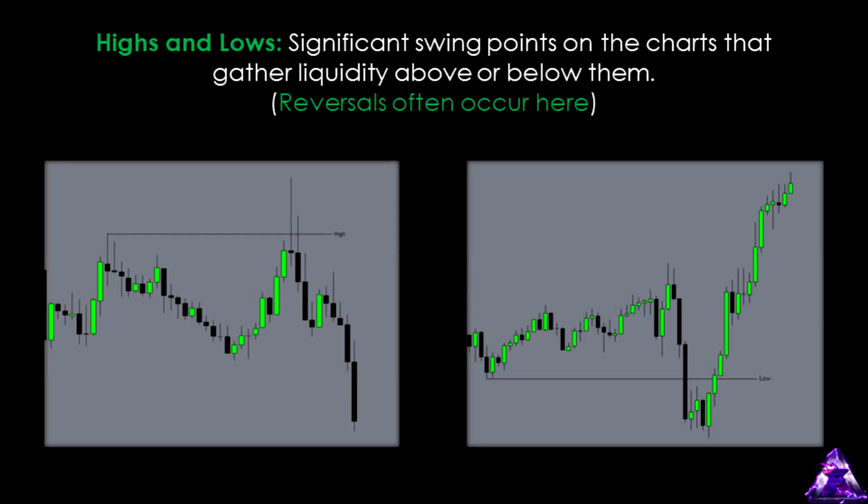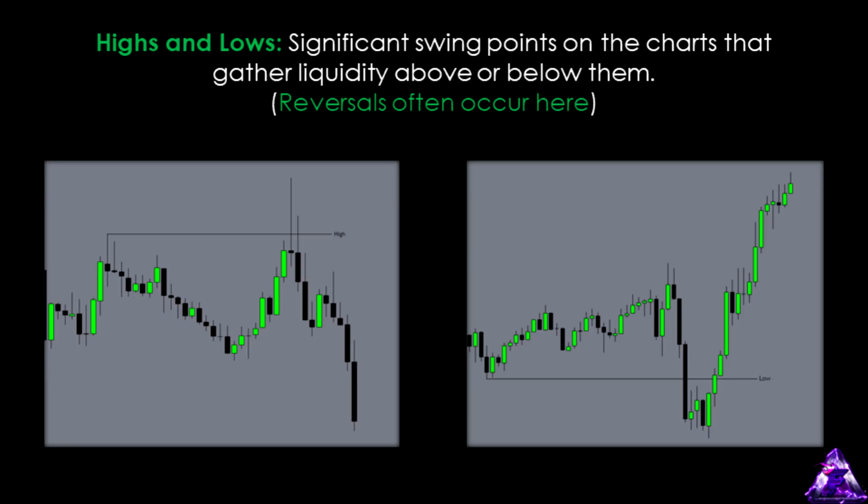Now, let's move on to the most important key levels, which are highs and lows. Highs and lows are the most crucial key levels in the hierarchy, holding the top spot. If you look at the charts, you will see that most expansions and reversals occur around significant highs and lows.